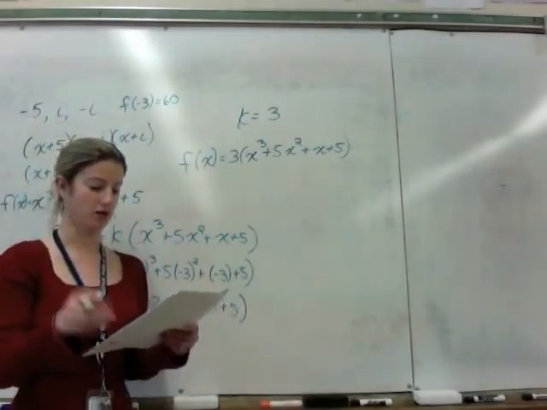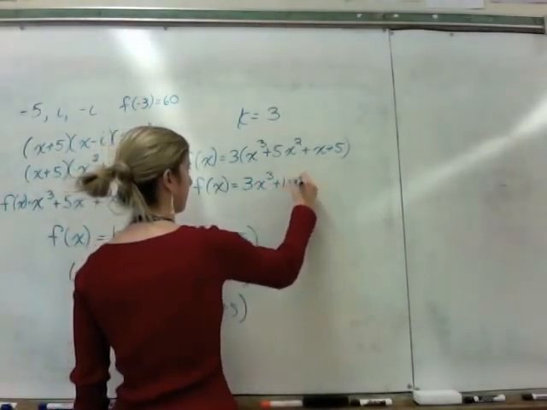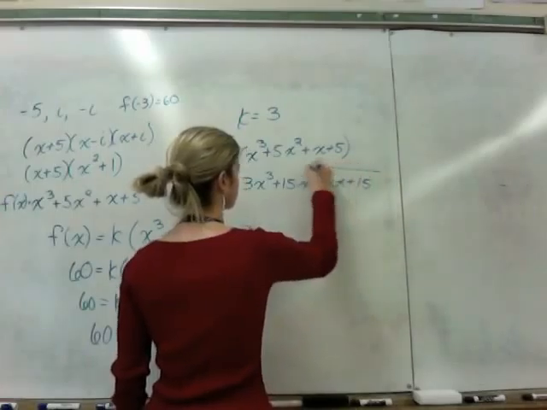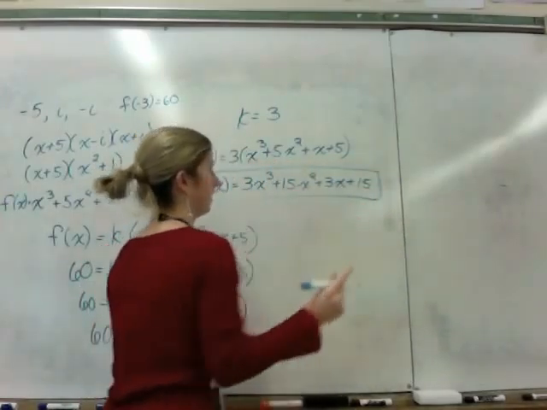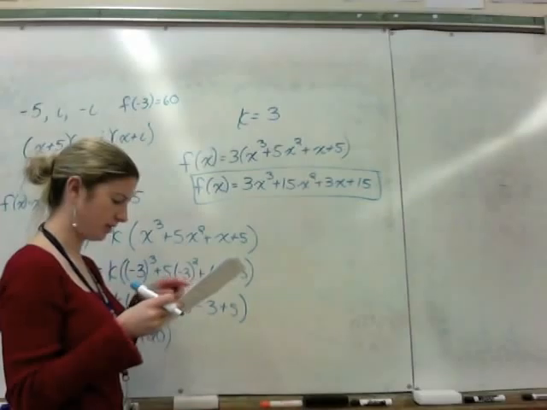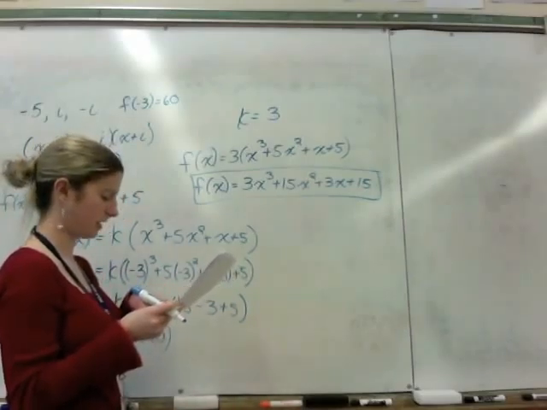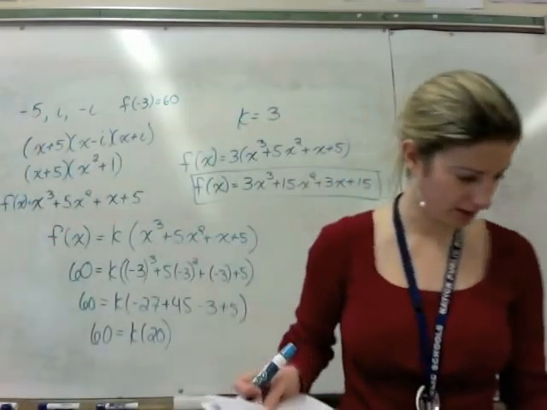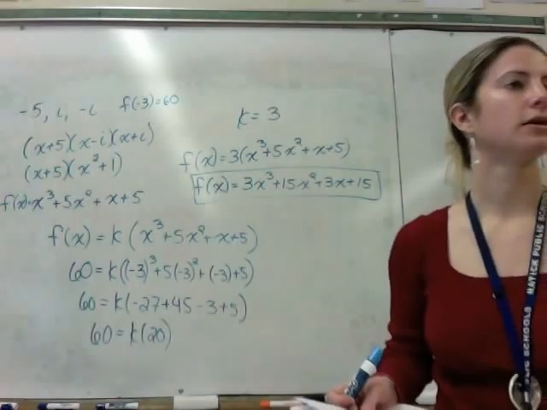So you end up with f of x equals 3x to the third plus 15x squared plus 3x plus 15. And in this case, that would be answer number D, right? Yes. And is that the answer? Good. Okay.